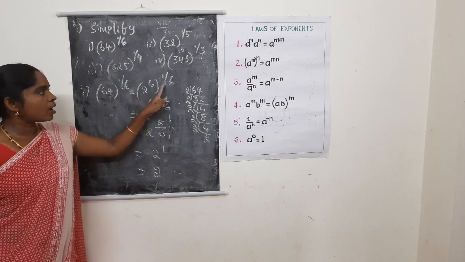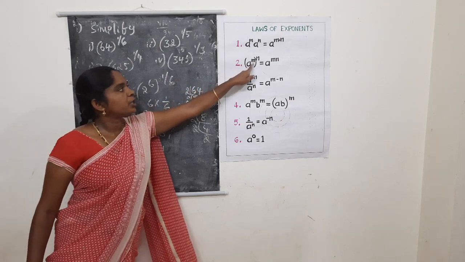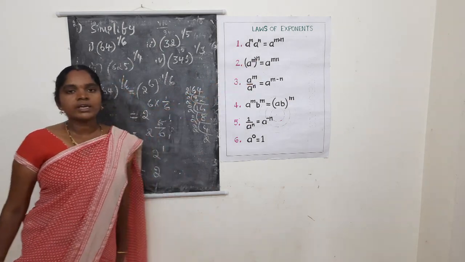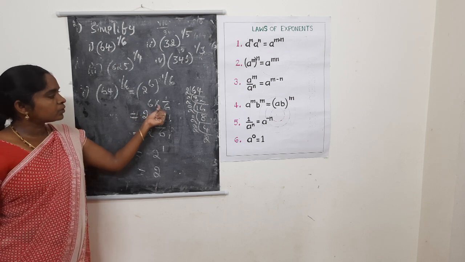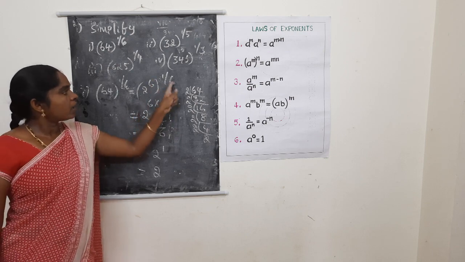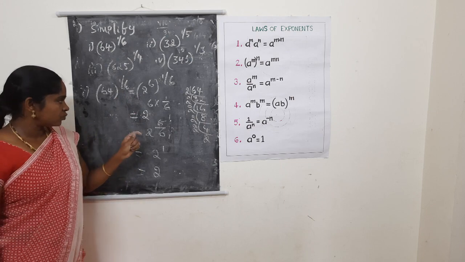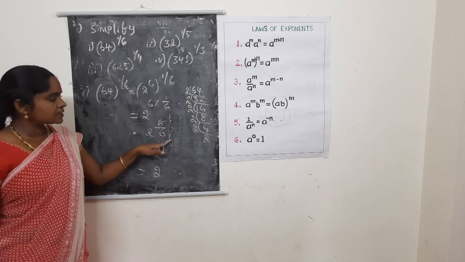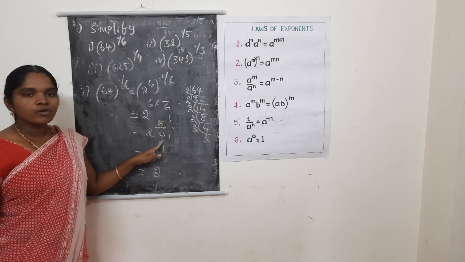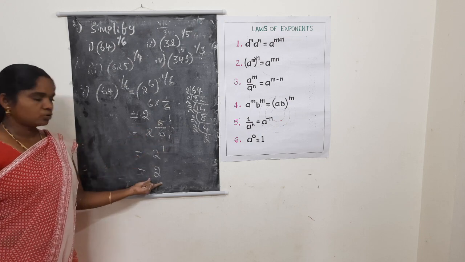This is in the form of the second law: (a to the power of m) whole to the power of n equals a to the power of mn. So 2 to the power of 6 into 1 by 6, the product of these two exponents, is 2 to the power of 6 by 6. 6 by 6 is 1, so 2 to the power of 1, and 2 to the power of 1 value is 2.